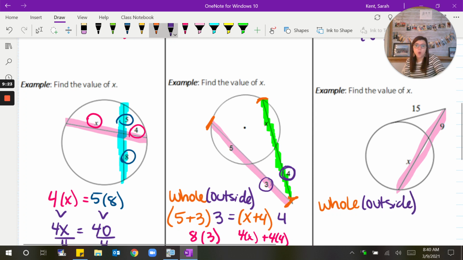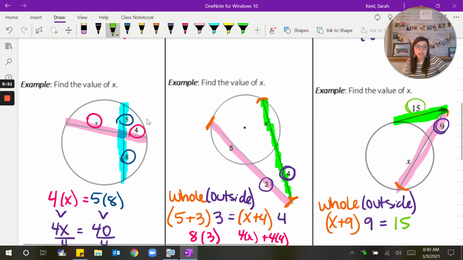So if I look at the whole thing, I want from start to end, so x plus 9, times the outside here, and outside is 9. And that's going to be equal to, if I look at my tangent, again, that just touches the circle and stays outside, that tangent is 15. So I'm going to have 15 squared.